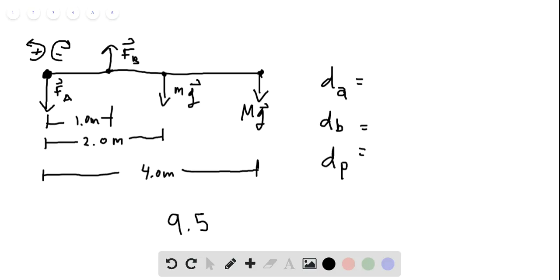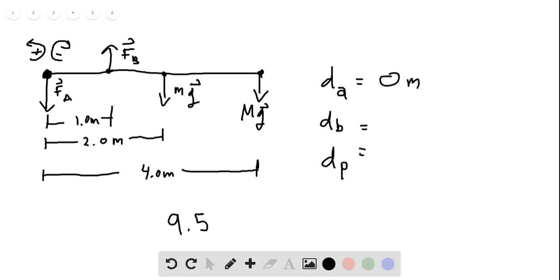So the distance from A to A, the center spot, is just going to be 0, right? So this is the reason we're not going to include Fa in any torque calculations, just because it's at the pivot point and there's no torque involved with that force. If we move the pivot point, of course there would be, but we're not.